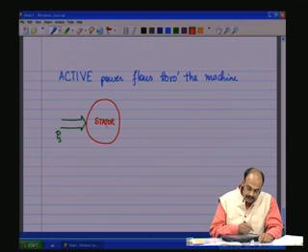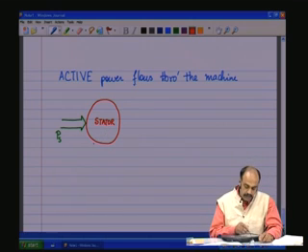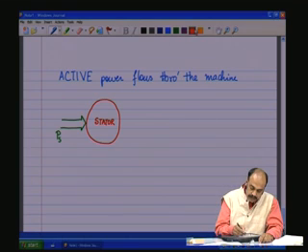In the stator, whatever power comes in, there are some losses. What are these losses?